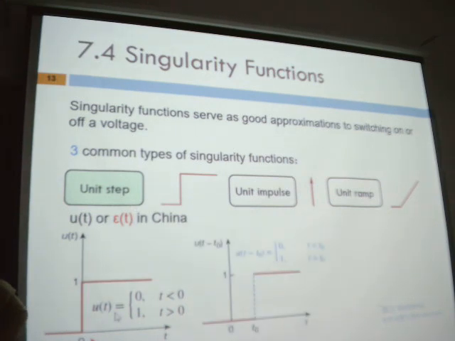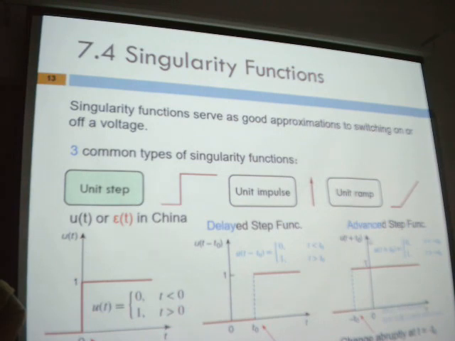This is the figure if we change the value of u(t) at time t equal to 0. We also can make some delayed or advanced step functions. Minus t0 means delay, plus t0 means advance.